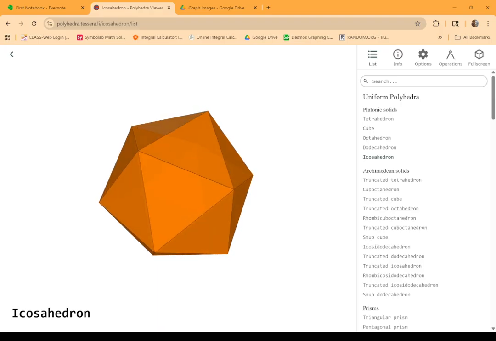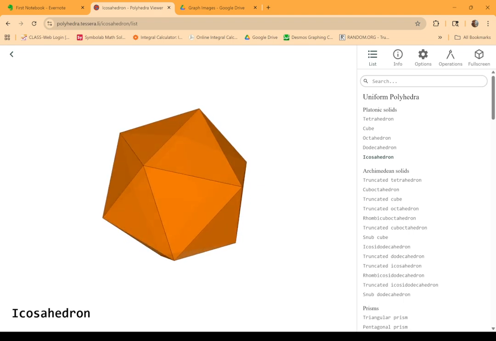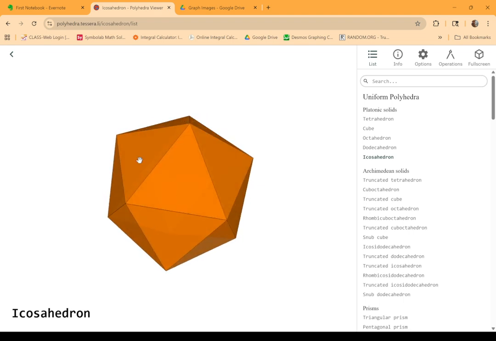Now, a couple of properties. These are called convex. What that means is if you choose any 2 points that are not on the same plane, so on different faces, when you connect them, that line is always within the shape.